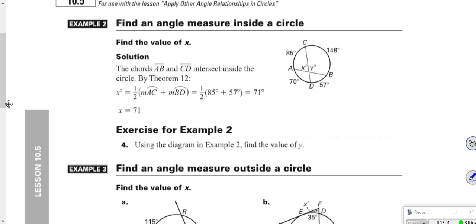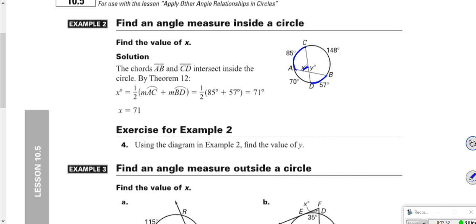So example 2, find an angle measure inside a circle. So find the value of x. So this is x right here. Well, the two angles that x and its vertical angle intercept are this angle and this angle. Since the two chords intersect to form interior angles, then it's going to be half the sum.